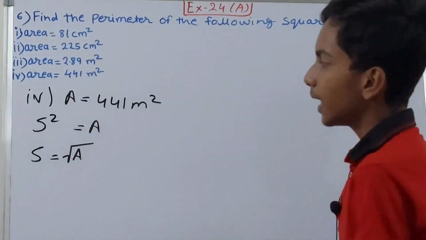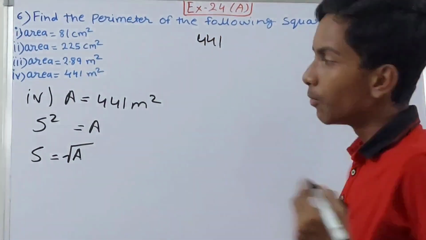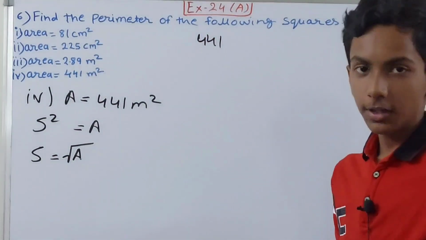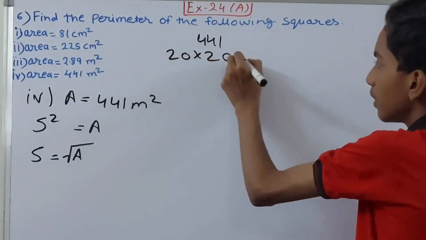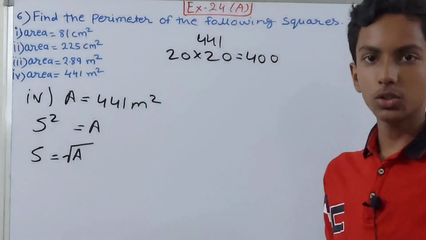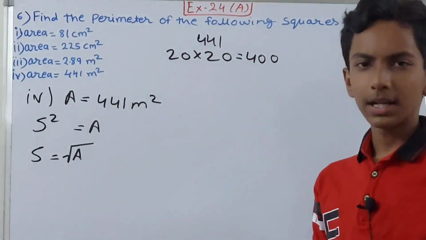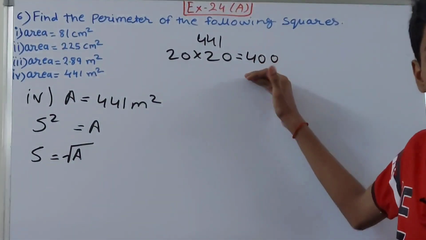So let's see here what is the square root of 441, right? What I have learned till 20, we know that 20 into 20 will give us 400. This is just to show you guys, if you know the square roots till 30 or 35, then it will be very easy for you to do this, but I am doing this for those who don't know.